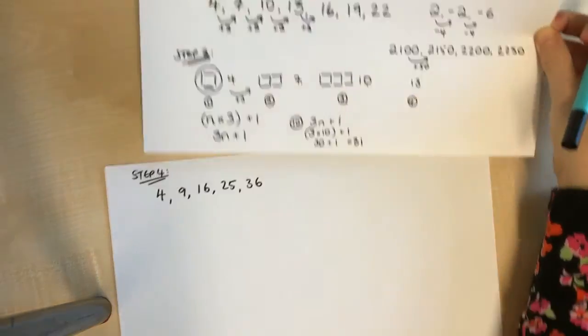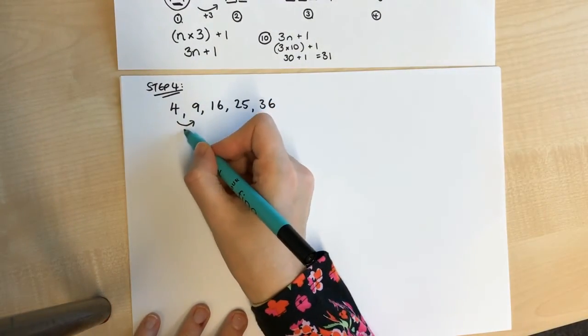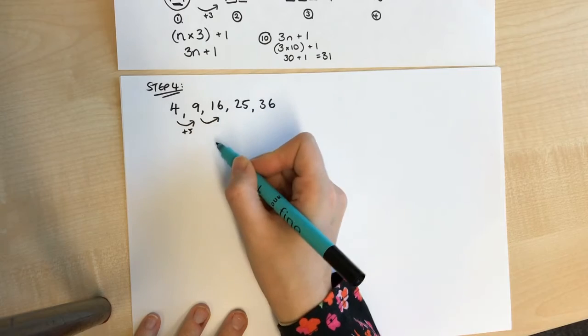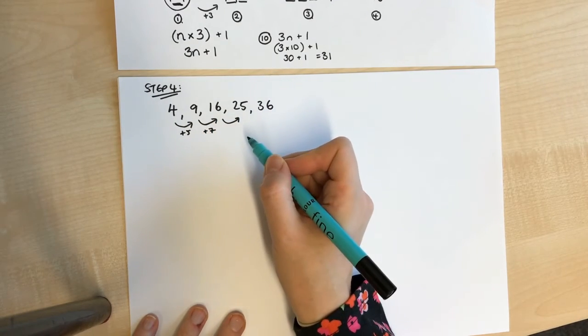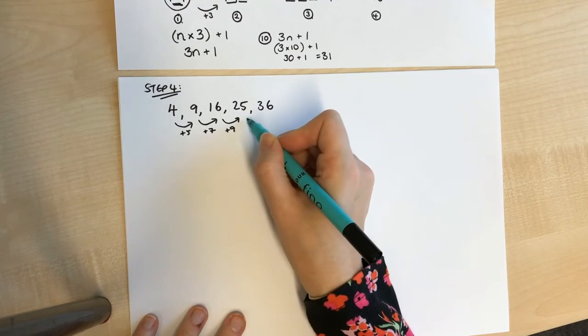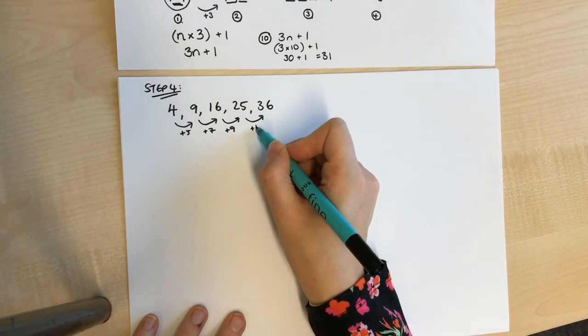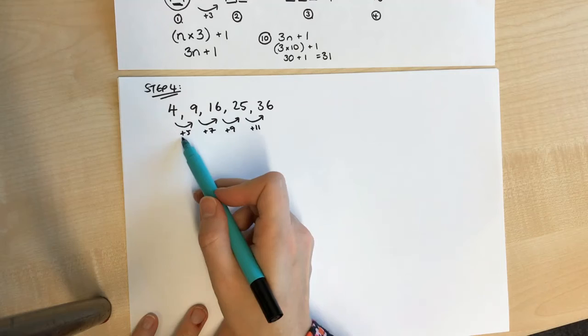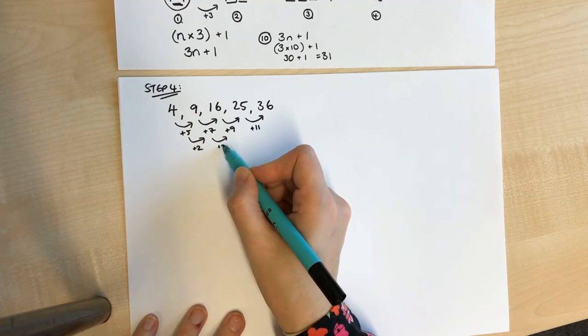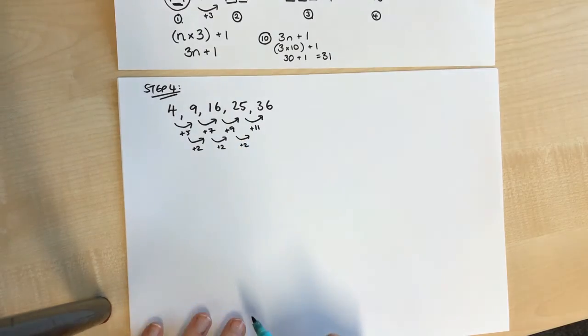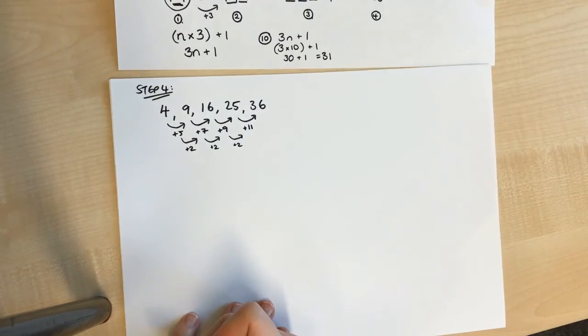That would be a sensible thing to do. So I'll start with that. That's going up in 5. Oh, but that's not. That's going up in 7. Oh, but that's not. That's going up in 9. I can actually see a pattern in the pattern, can you? These are going up 2 each, so the pattern is increasing by 2 each time. So that would be a sensible way of spotting a pattern, but there's another.